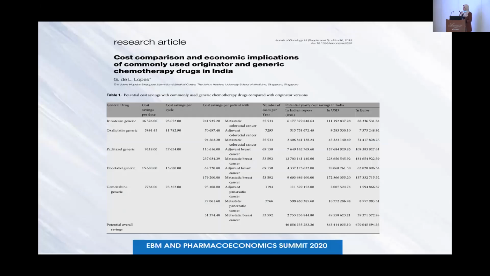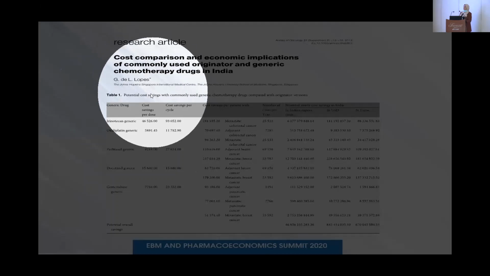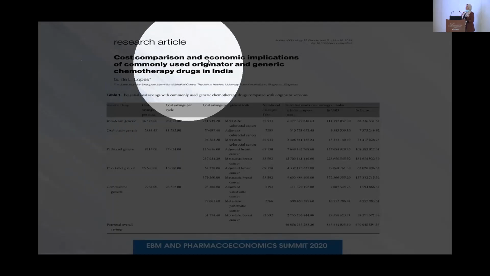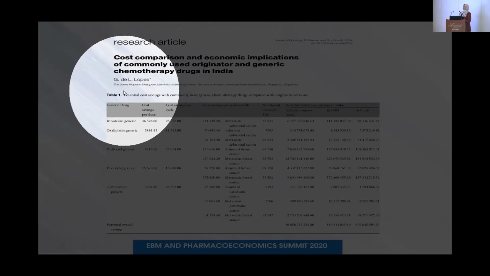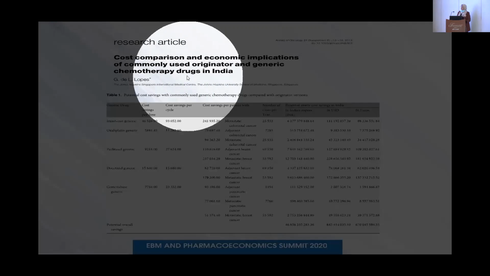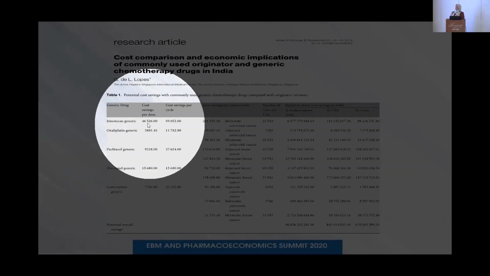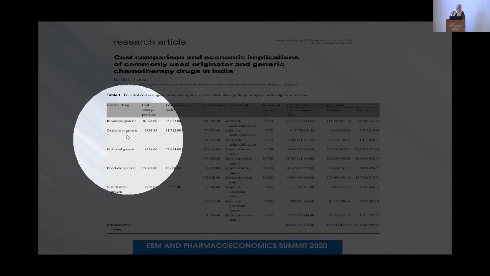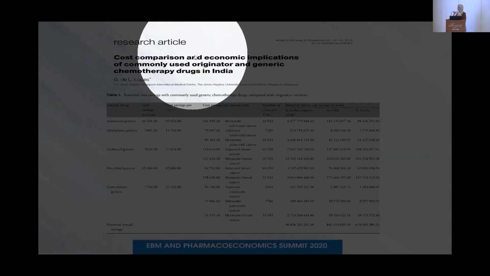Here's again an example for cost comparison and economic implications of commonly used originator and generic chemotherapy drugs in India. Sorry, I think it's not obvious, it's a very small font.